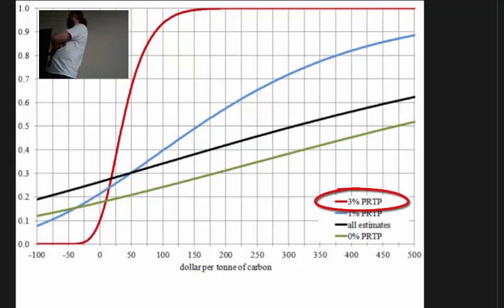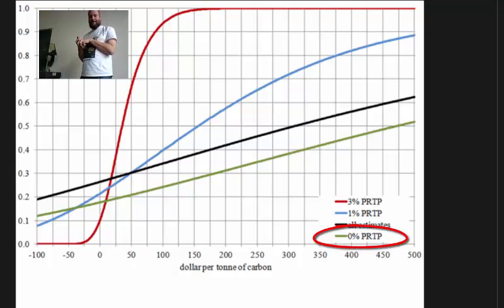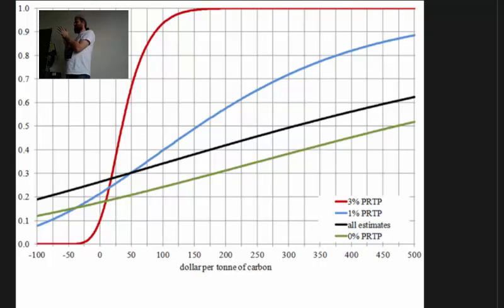So if you use a 5% discount rate, then you end up in the red curve. If you use a 3% discount rate, you end up in the blue curve. If you use a 2% discount rate, then you end up with the green curve. The higher the discount rate, the less we care about the future. If we care less about the future, then we care less about climate change. It's primarily a problem of the future, and that is exactly what you see.